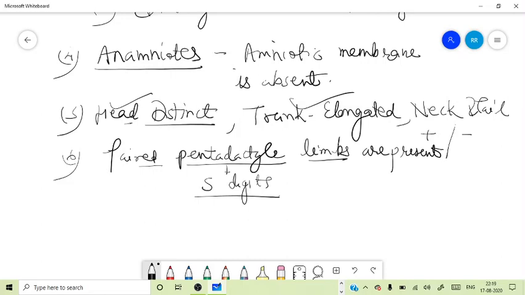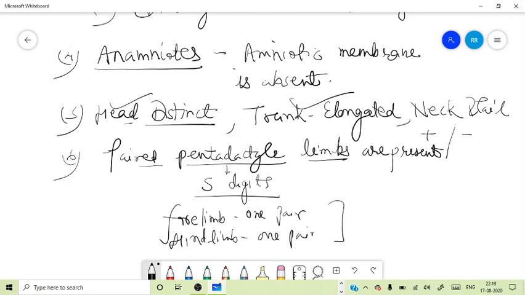That is forelimb, one pair, and hind limb, one pair, and these limbs are pentadactyl due to the presence of 5 digits or fingers in the limbs.